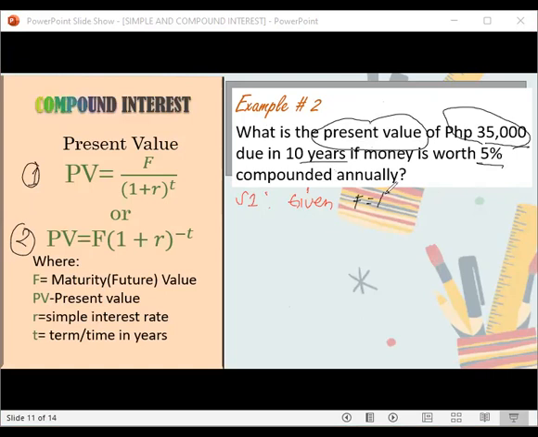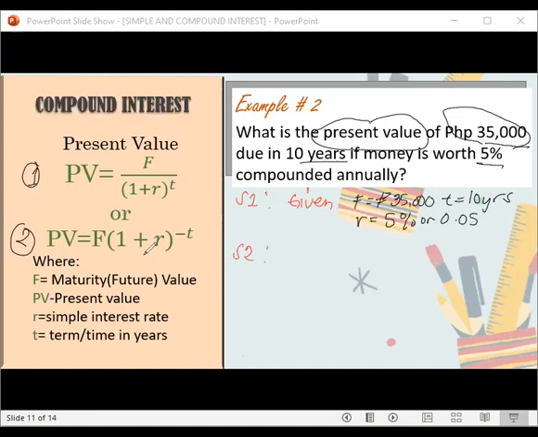So, future value is 35,000 pesos. Next, 10 years. So, syempre, ito yung time. 5% siya yung rate natin, or in decimal, 0.05.